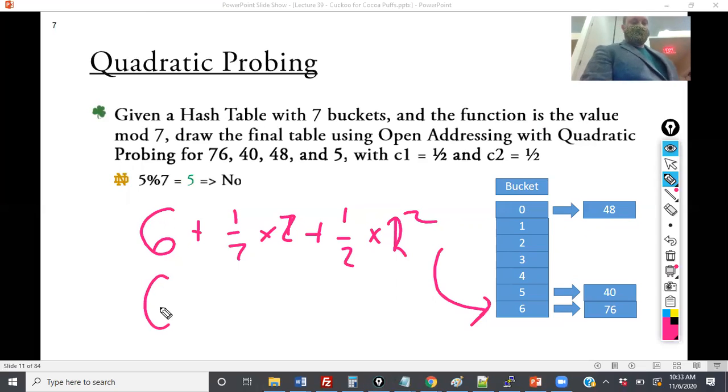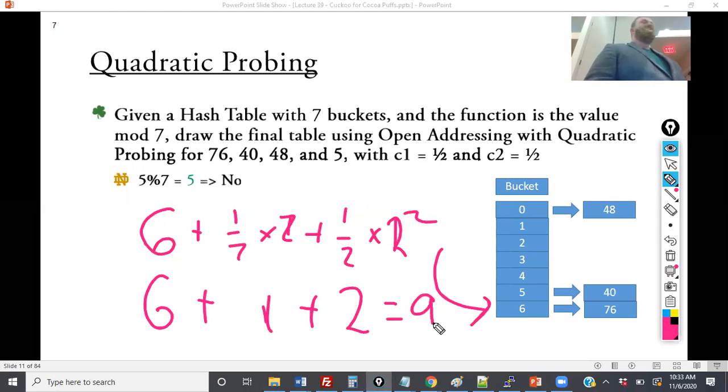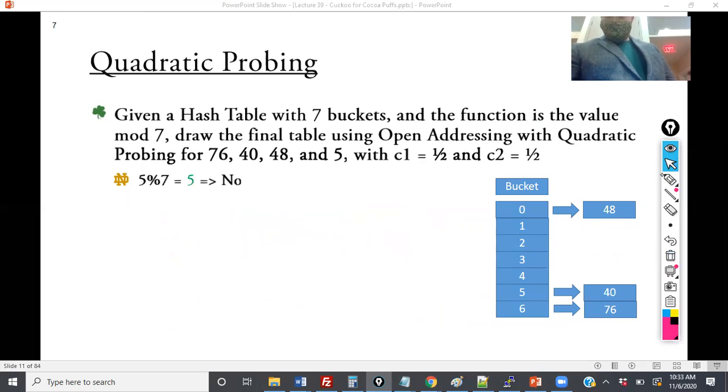So this is going to be 6 plus 1, that's going to give us 7 here, plus 1/2 of 4, which is 2. This is going to give us 9. So 9 mod 7 is going to be 2, so it's going to be there. Absolutely right. 100% correct answer.